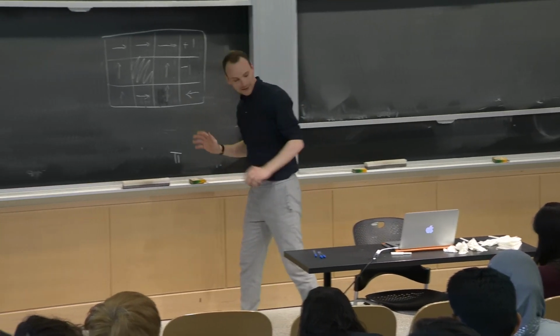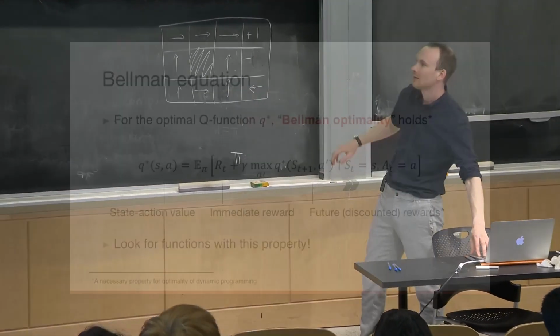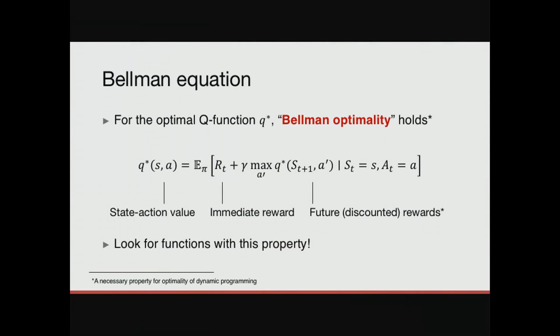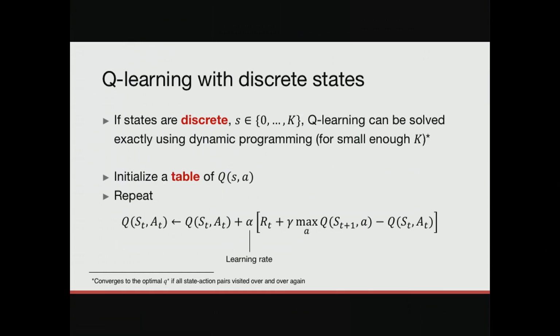So what I showed you before, the Bellman equality, we know that this holds for the optimal thing. And if there's an equality that is true at an optimum, one general idea in optimization is a so-called fixed point iteration that you can do to arrive there. And that's essentially what we will do to get to a good Q. So a nice thing about Q-learning is that if your states and action spaces are small and discrete, you can represent the Q function as a table.